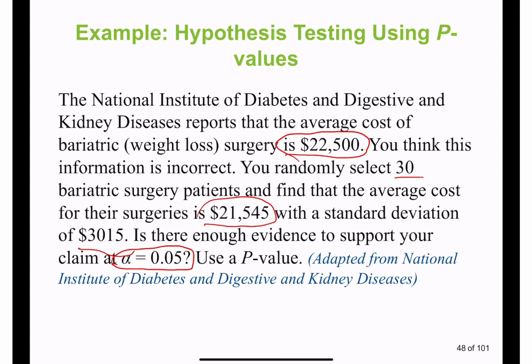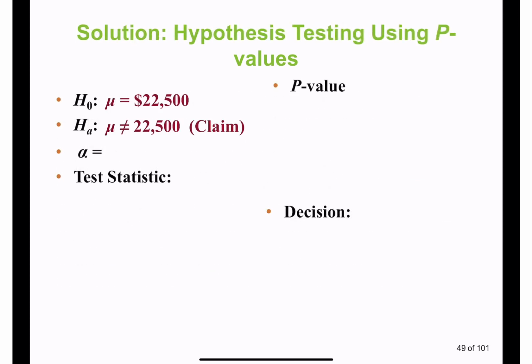All right. It claimed that it's not 22,500. That means the alternative will be mu is not equal to 22,500. Alpha is 0.05.